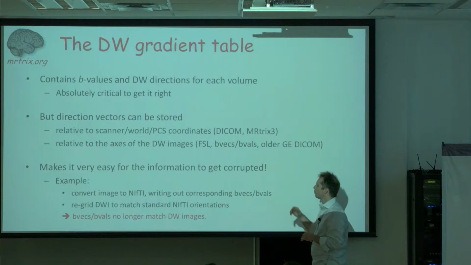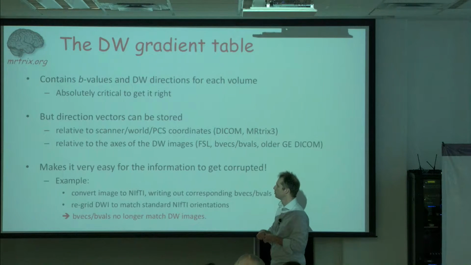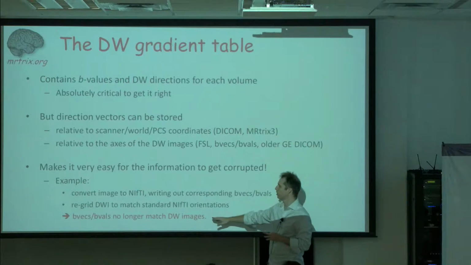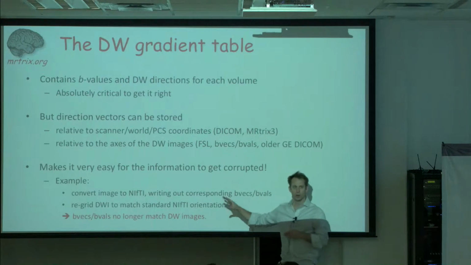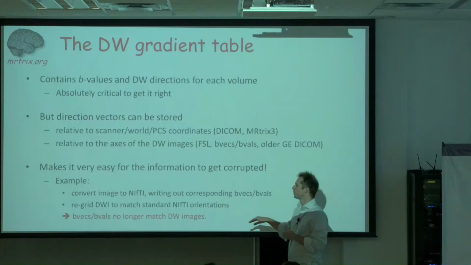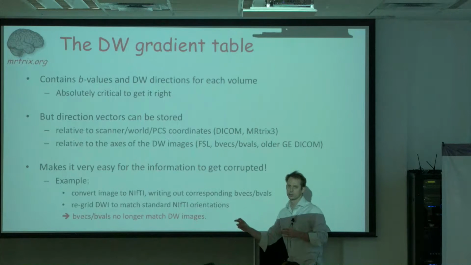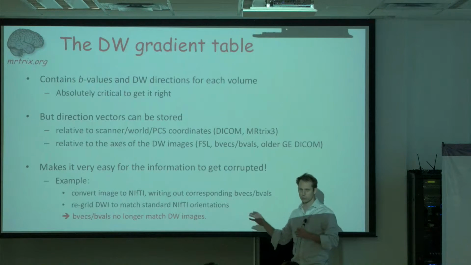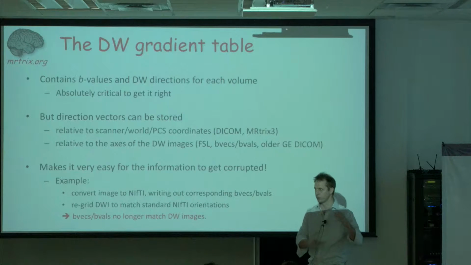On top of that, you have the issue that bvecs and bvals are relative to the image axes, and they're separate files. I find that very scary because they should really be stored in the image itself, which is what MIF allows you to do.